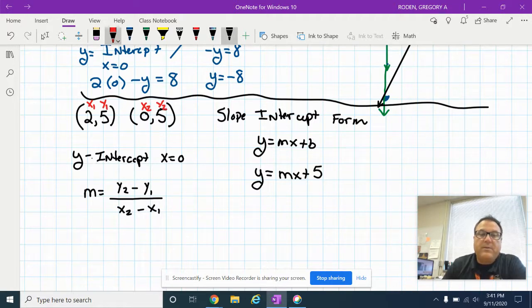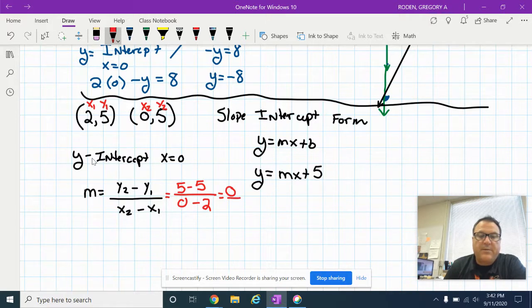Okay, well, what's y2? Well, y2 looks like it's 5, minus, what's y1? Well, y1 is 5 also. And then what's x2? Well, x2 is 0. And x1 is 2, so 0 minus 2. So I get 5 minus 5, which is 0.